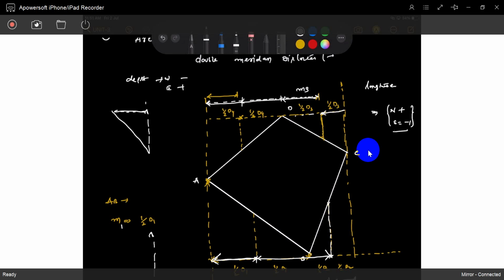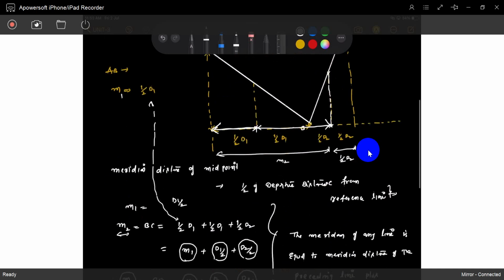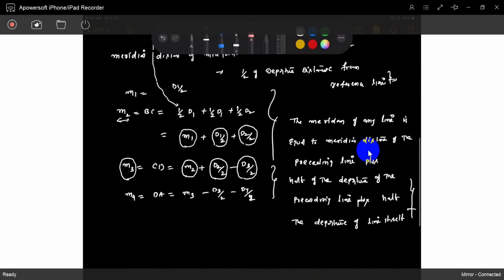You already know. That's why for the CD line or DA line, the departures are on the west side. That's why the negative sign came. So there's no need to worry about negative or positive, because those depend on east and west. We can conclude like this. Okay, we know the meridian distance like this.